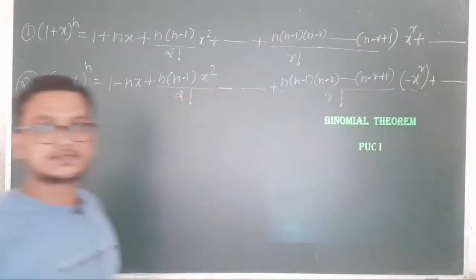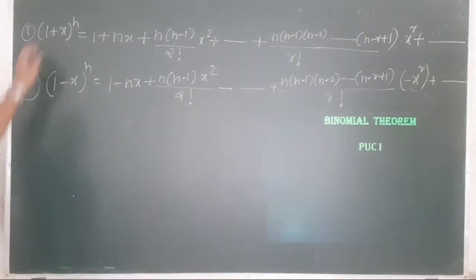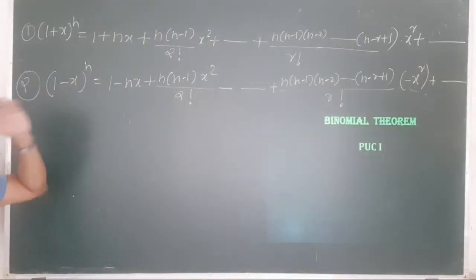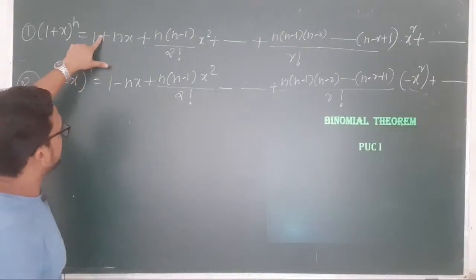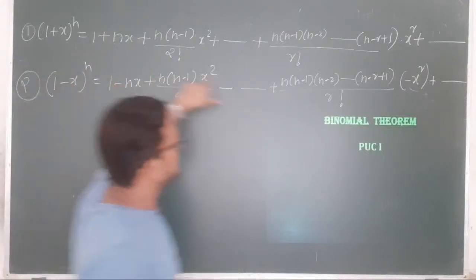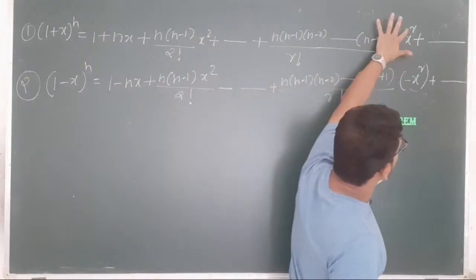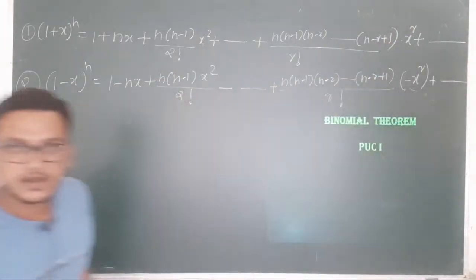This is the difference. When it is 1 plus x and when it is 1 minus x, there is a change in the sign. Here it is plus, here it is minus. Next, here it is x to the power r, here it is (minus x) to the power r.